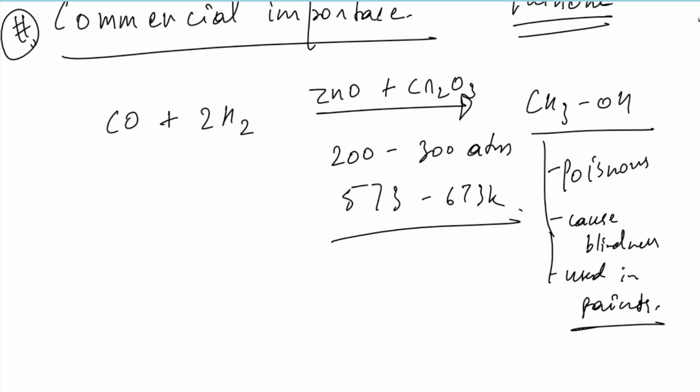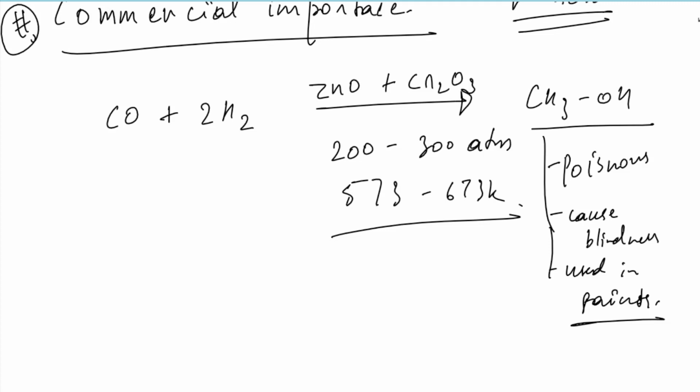So methanol has various harmful effects on our health. Sometimes it is also formed along with ethanol if an alcoholic drink is prepared at home on a very small scale, so it gets synthesized in a very small amount.